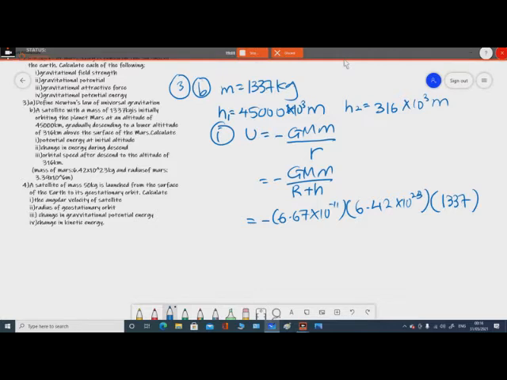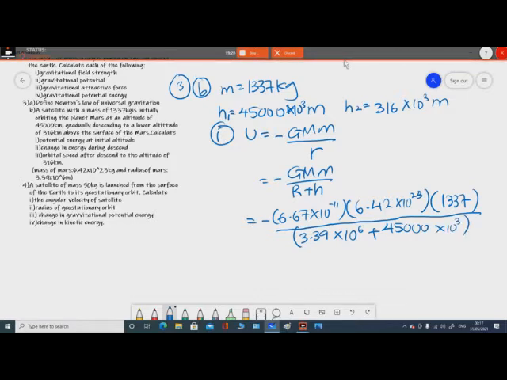Okay, this one is not the radius of the Earth, it should be the radius of Mars. The radius of Mars is given as 3.39 times 10 to the power of 6, plus the altitude at which the satellite is located, 45000 times 10 to the power of 3.